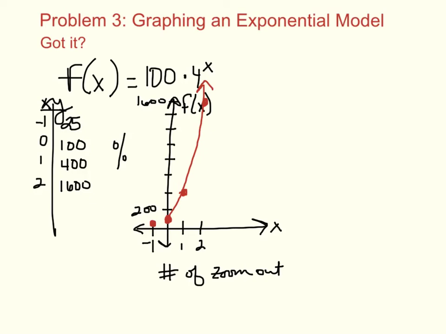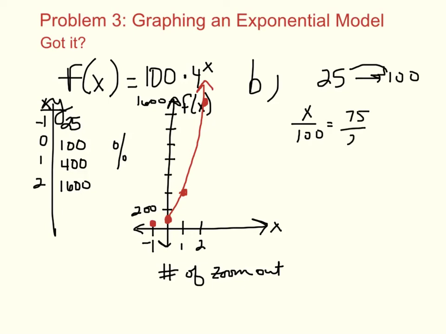So, part B. If you go from 25 to 100, so we're looking at the first number to the next, what is the percent when you increase? What are you increasing by from 25 to 100? 75 over the original amount. Honestly, you don't even need that. Just take 75 divided by 25. It's 3. If you times it by 100, it's 300%.